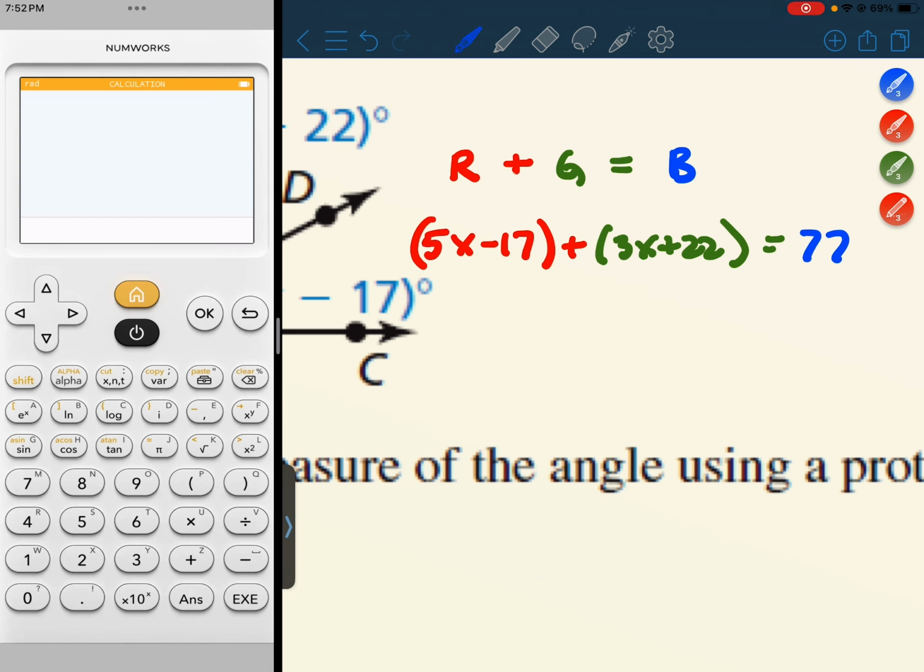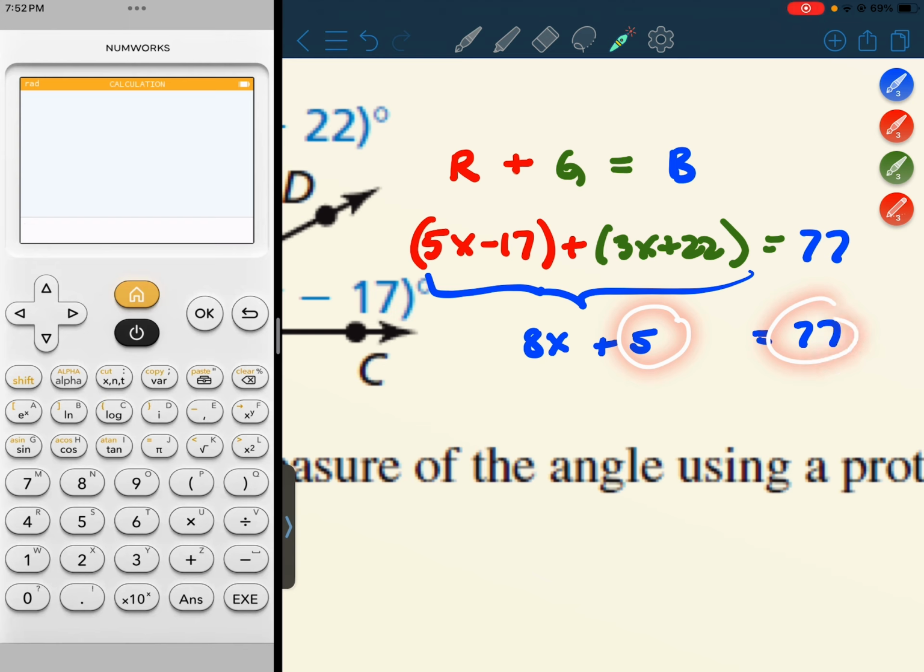Let's combine like terms. Over here on the left, we've got the 5x and the 3x, so that'll be 8x. We've got negative 17 and positive 22, so that's a difference of 5. We're going to add 5 to both sides.